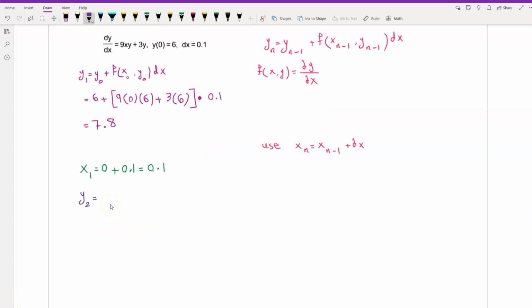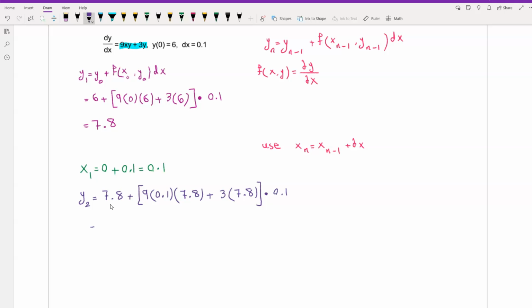Now find y2, that is equal to y1, from the first part y1 is 7.8, plus, using this part, 9 times x1, which is 0.1, times y1, which is 7.8, plus 3 times y1, 7.8, times dx, it's 0.1.